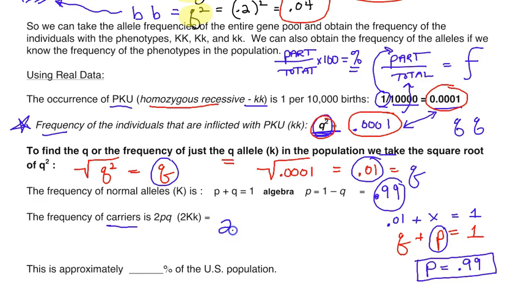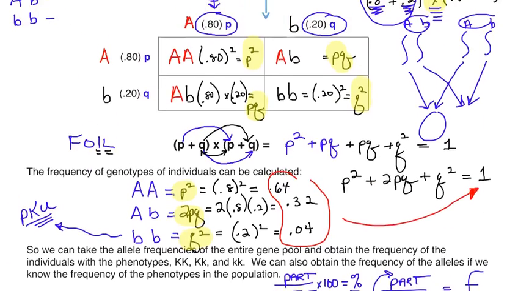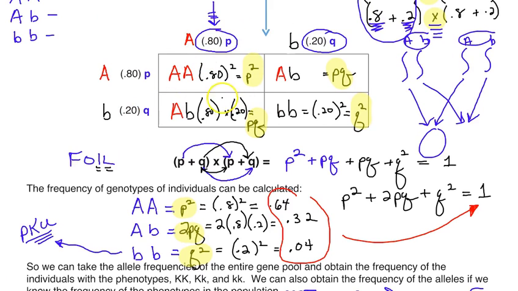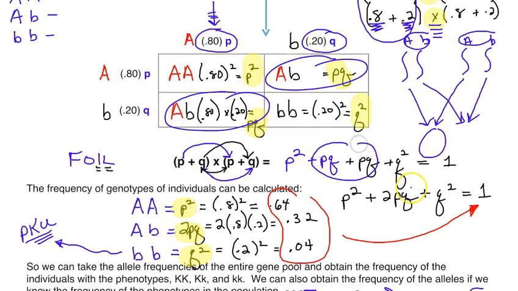We do 2 times the p. What's the p now? The p is 0.99 times the q. 2pq. Now where'd that come from? Up here. Remember this? 2pq, because there's 2 of them in these crosses. That's where it comes from.